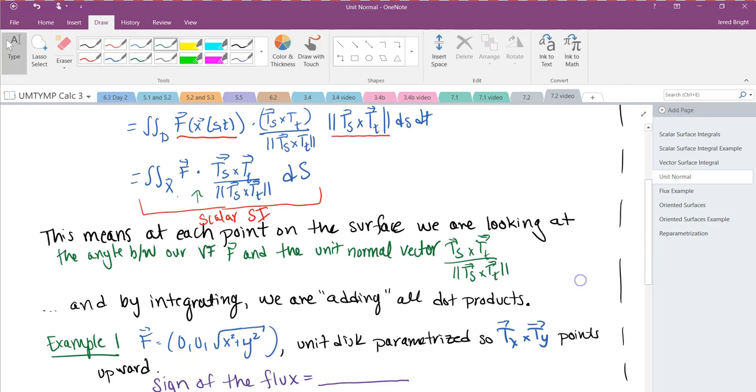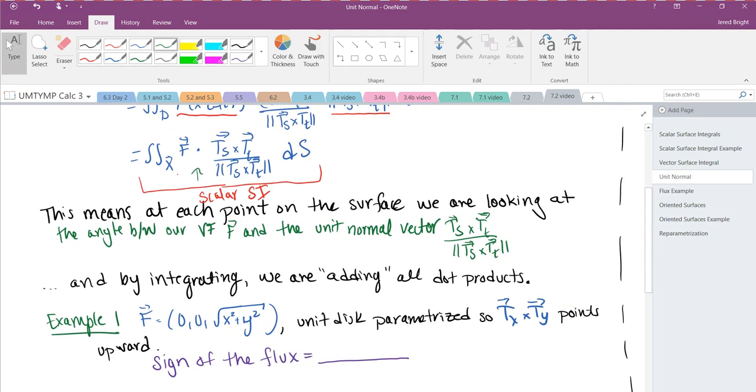Okay, so let's do a little bit of thinking here in example 1. So we have a vector field that's only acting in the z direction, and then we have a unit disk parameterized so that Ts cross Tt points upward. So if you need to draw this out, great, go for it. I didn't, but if you can imagine a unit disk and the unit normal is pointing upward, that means it's pointing in the z direction, and we have a vector field that's pointing in the z direction.